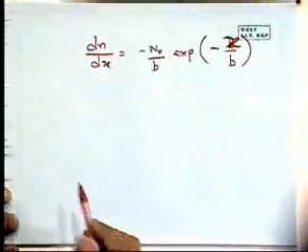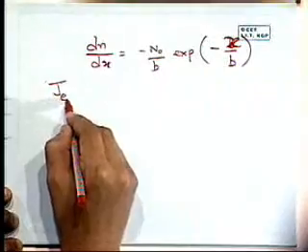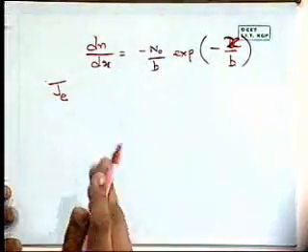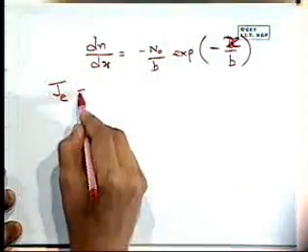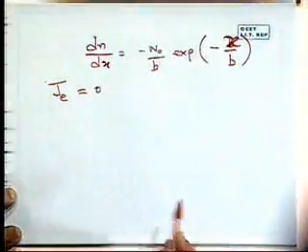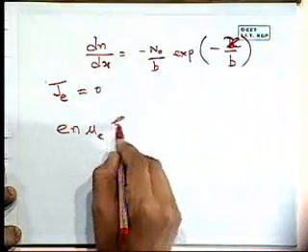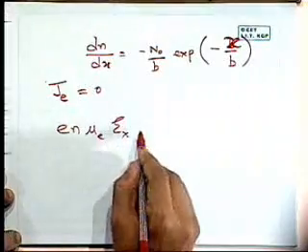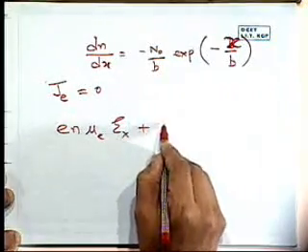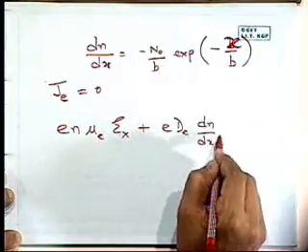And again we start with our equation of the total JE. I have a drift component, I have a diffusional component. JE is again equal to 0, so I have the same equation, e n mu E x, except this time I'm not going to substitute for minus dV by dx there, plus e dE dn by dx is equal to 0.